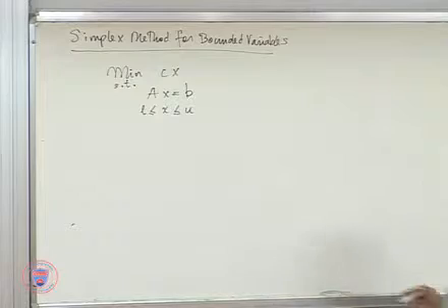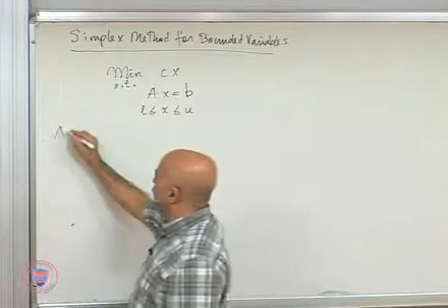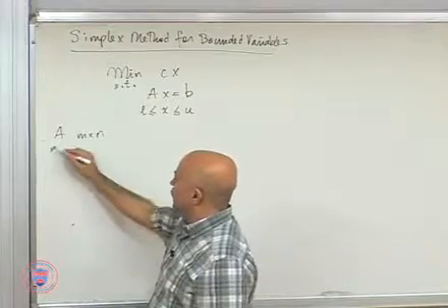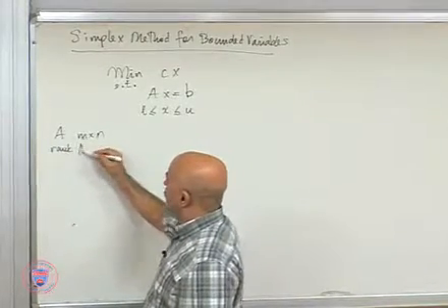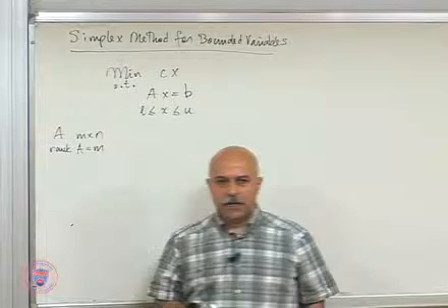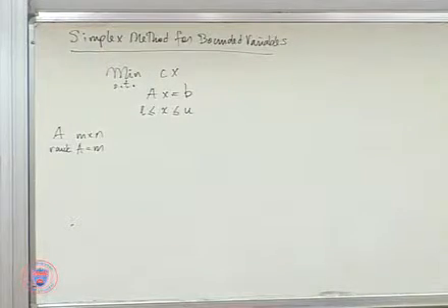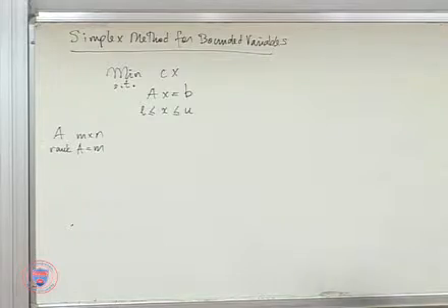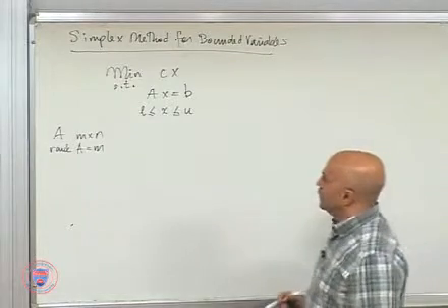Okay? Again, I'm going to assume A is m by n, and rank A is again assumed m. And so we have n variables.